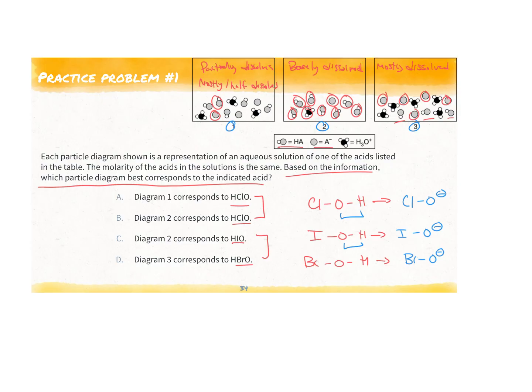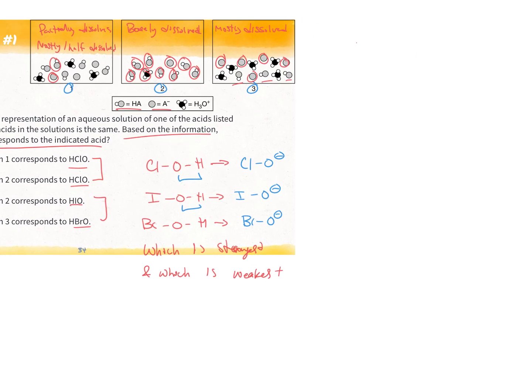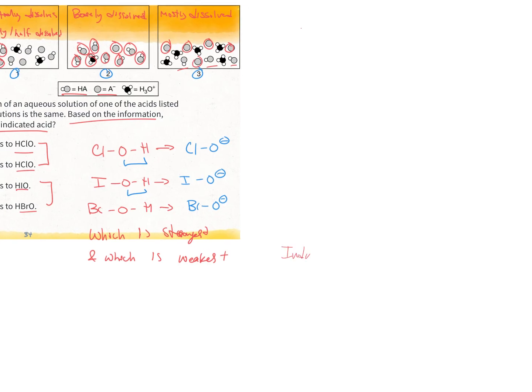What we're looking for in this question is which is strongest and which is weakest. And so if we look here, what we need to think about is induction. In other words, higher electronegativity equals stronger acid.